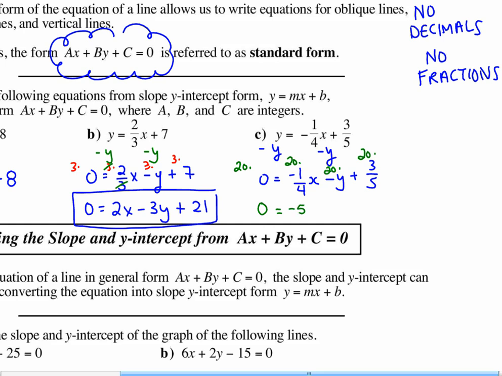You can type that in your calculator, or 20 divided by 4. -5. We'll worry about the sign last.